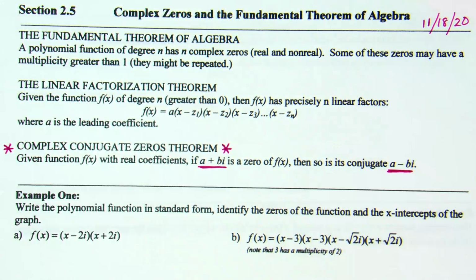So when we talk about the conjugate of a plus bi, it's taking the sign in front of the imaginary portion and changing that. So the conjugate of a plus bi is a minus bi. So if you have a root that involves an imaginary number, in other words, a complex root, there will be a conjugate root just like it. Keep that bit tucked in the back of your head because you'll have to know that later on.